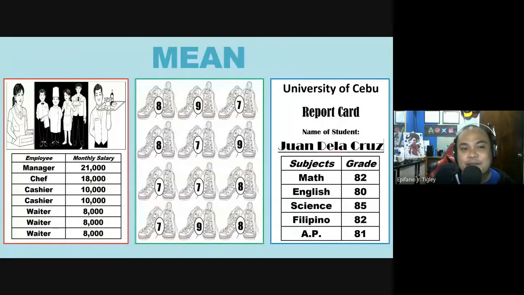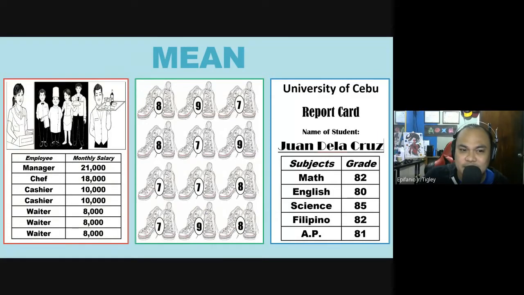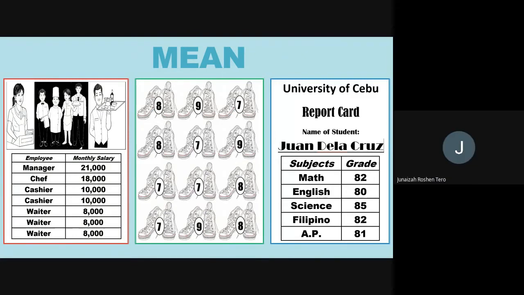Okay, let's continue. Now, from the pictures I gave a while ago, which of the following is the mean? Where would I use the mean: the average salary, the average shoe size, or the average grade? Average grade.